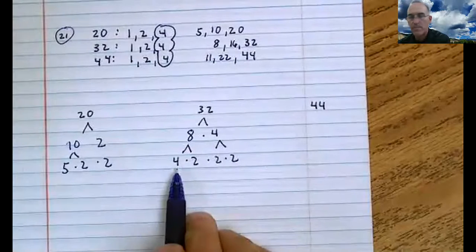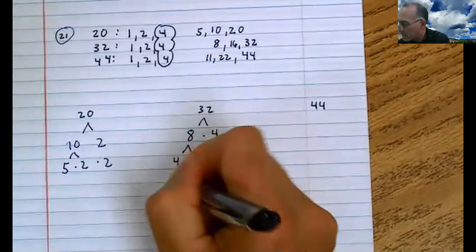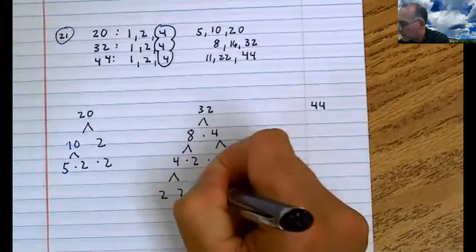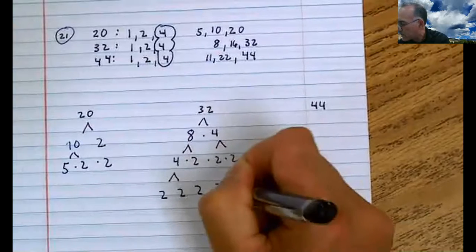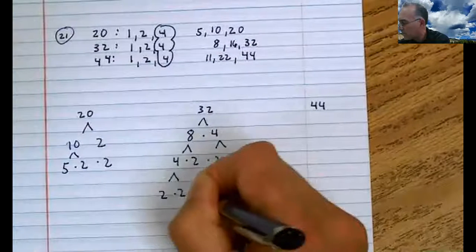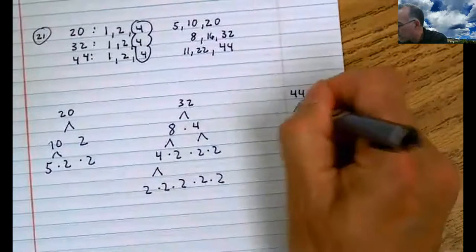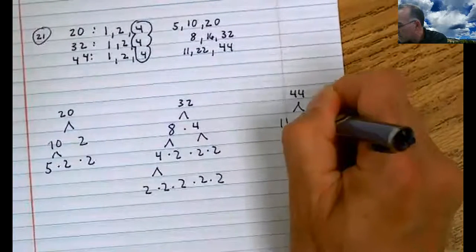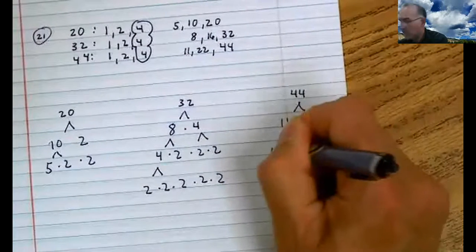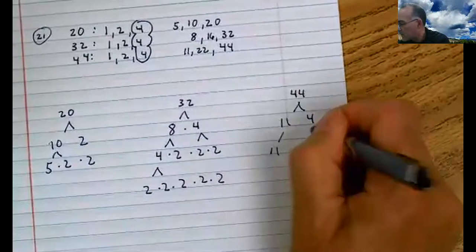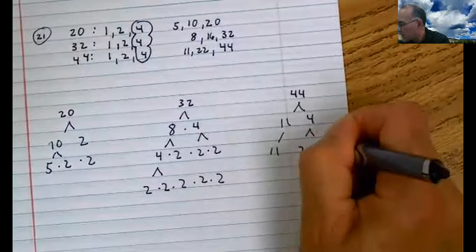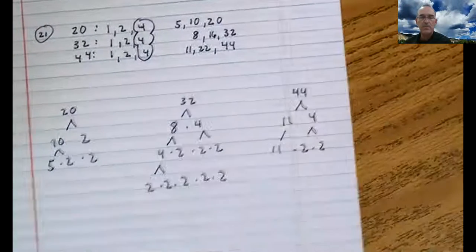This one is still a composite, so I have to keep going. 2 times 2 times 2 times 2 times 2. Looks to be 2 to the 5th, doesn't it? Let's do this one. 11 times 4. That one's already a prime number, but this one I see that I need to split those up.